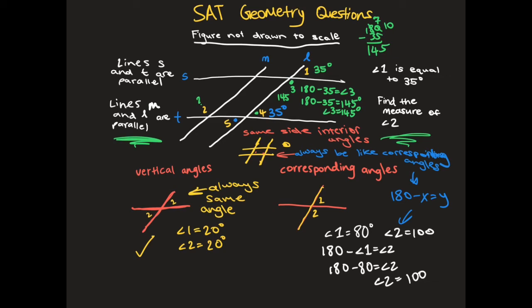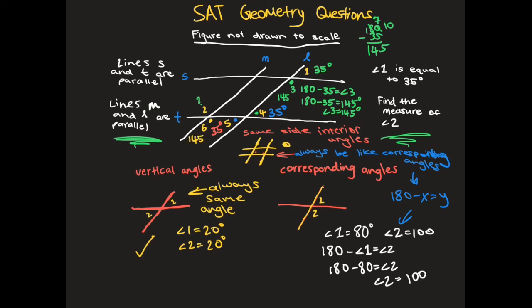If 4 is 35, that means 5 has to be 35 degrees. And now we'll use a same side interior angle there. As we did earlier, 180 minus 35 is equal to angle 6, and that means angle 6 is equal to 145.